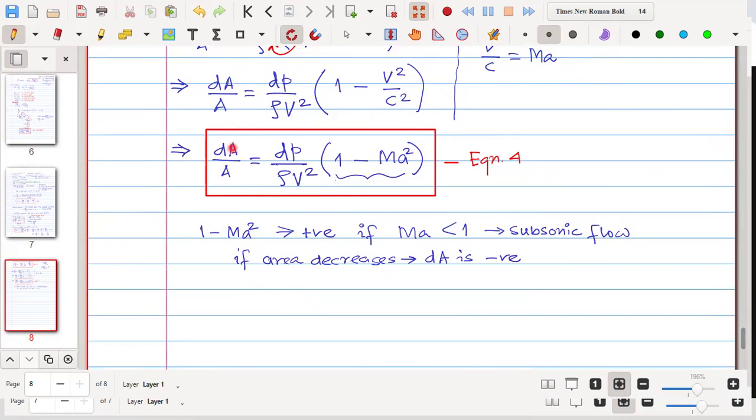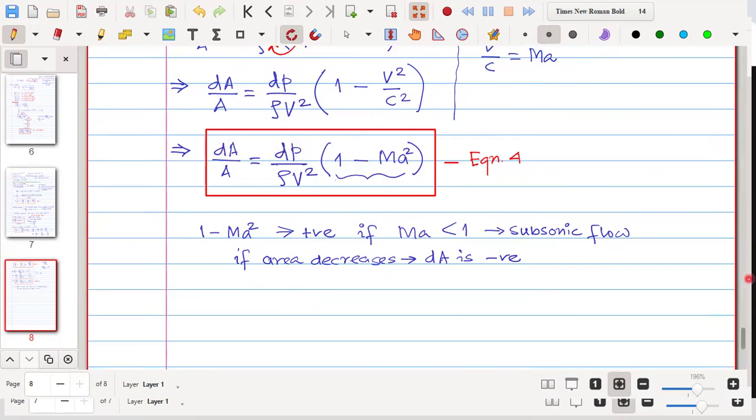Therefore, what will happen to dP? This is positive for a subsonic flow. Now, if dA is negative, then dP must be negative, because dA depends on the product of dP and this quantity. So this is positive for subsonic flow and this is always positive. So dA, if it is negative, then dP must be negative.